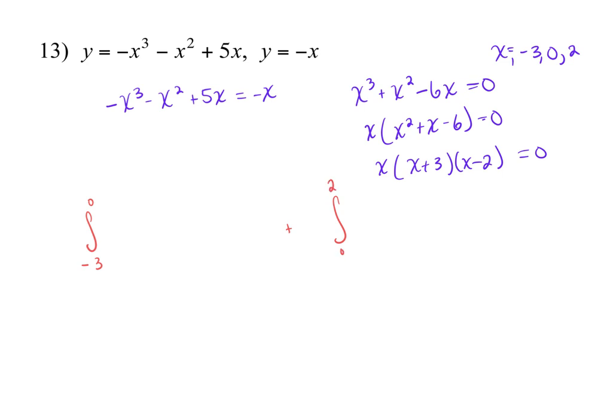Right. So when I do this, I do have to figure out which is higher and lower. And it may be different depending on what happens. So from -3 to 0, this actually ends up being the higher one. If I were to put a -1 in there, this is going to be positive. This one is actually going to be a negative. So in between this group here, it's going to look like this, -x minus this whole.